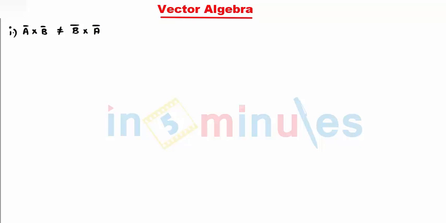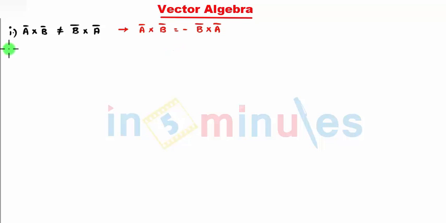So if you want to write this, you need to write in such a way that A bar cross B bar is equal to minus of B bar cross A bar. So that is in opposite direction, there will be a minus sign outside. So this is one of the properties.